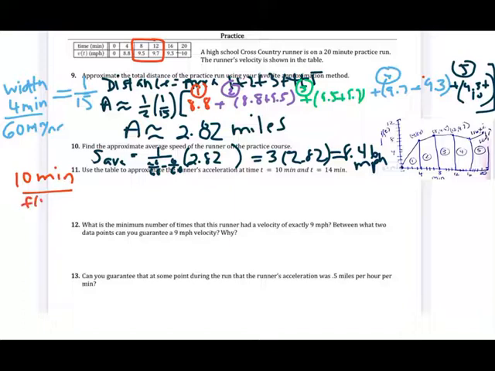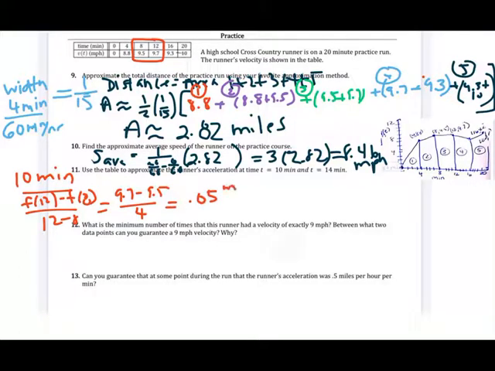So f of 12 minus f of 8 over 12 minus 8. F of 12 is 9.7, f of 8 is 9.5, and 12 minus 8 is 4. This gives us 0.05.